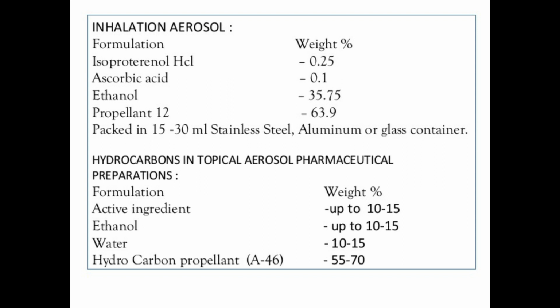Coming to inhalation aerosols, we need some ingredients to prepare: isoproterenol hydrochloride, ascorbic acid, ethanol, and propellant. Using these ingredients we can prepare inhalation aerosols. After that, it is packed in a 15 to 30 ml stainless steel, aluminum or glass container.